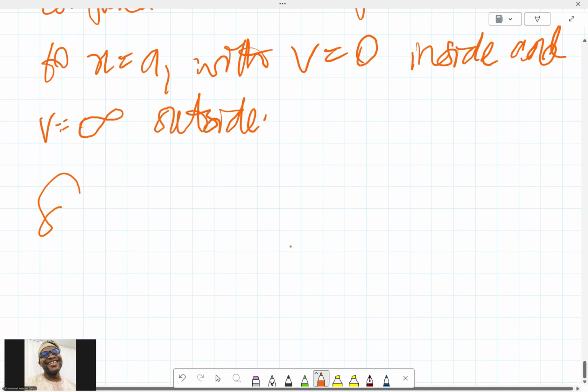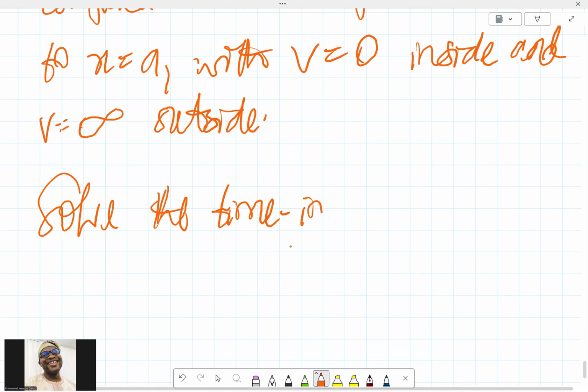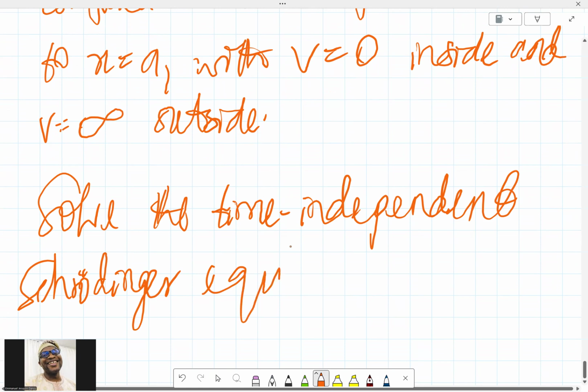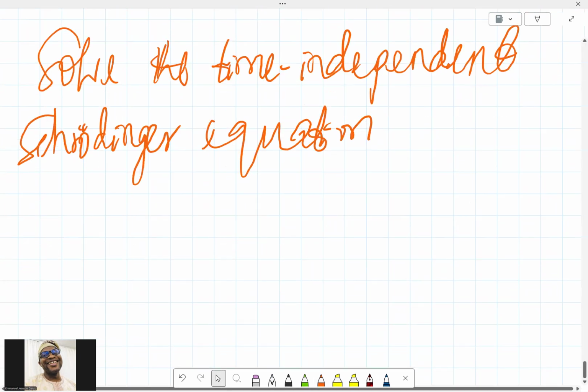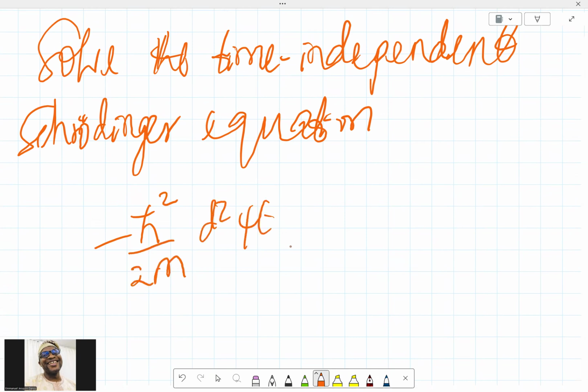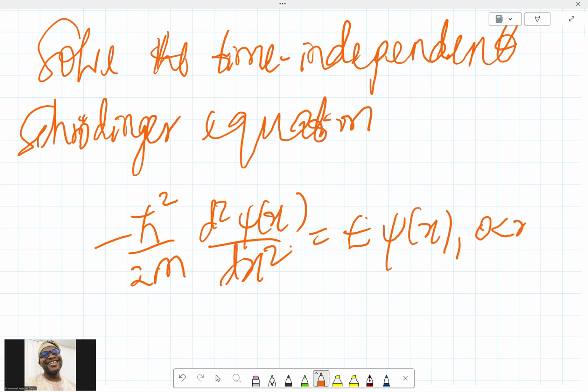Now solve the time independent Schrödinger equation, minus h bar squared over 2m d squared psi of x over dx squared equals E psi of x, for 0 less than x less than a.